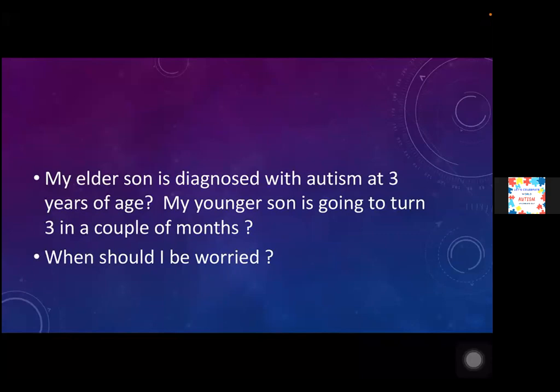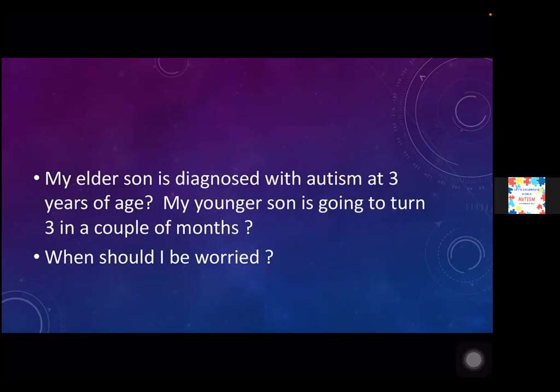By genetic component I mean that if your first child has autism, there is a 15% risk that your second child may also have autism. And boys are more at risk than girls to develop autism.